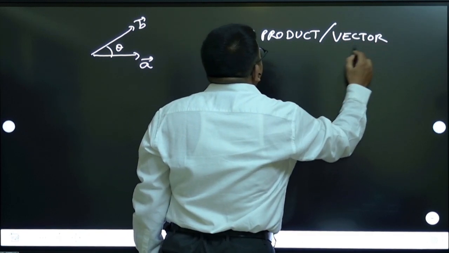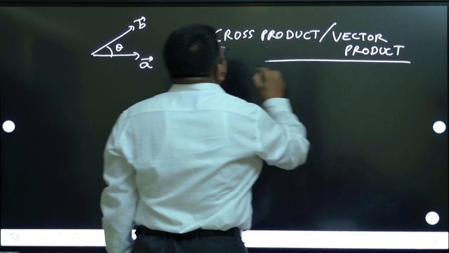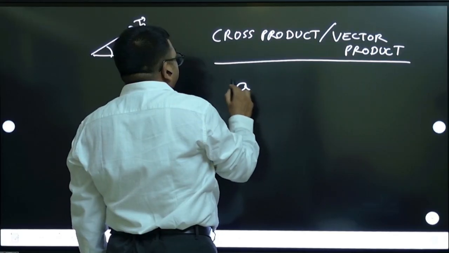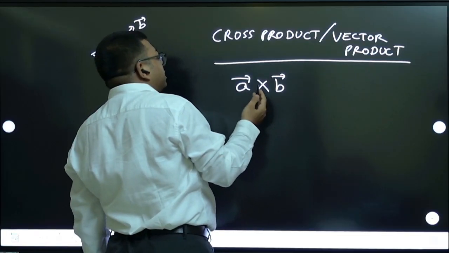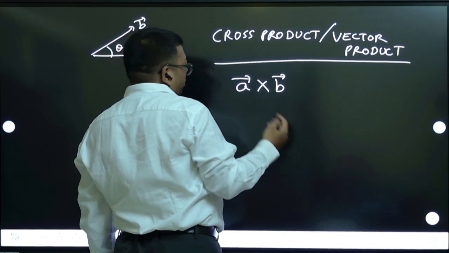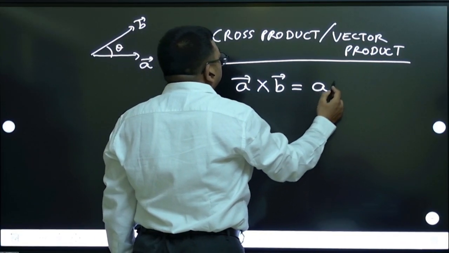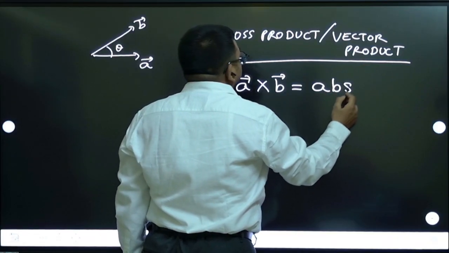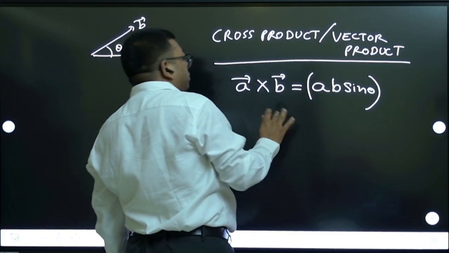Vector product is defined as A cross B. This cross is not just a multiplication, it is a mathematical operation. So A cross B is equal to magnitude of A, magnitude of B, sine theta, and this is the magnitude of this whole cross product.